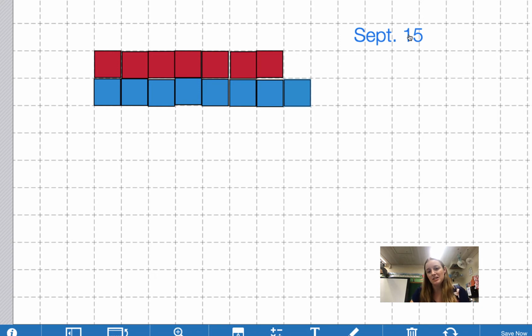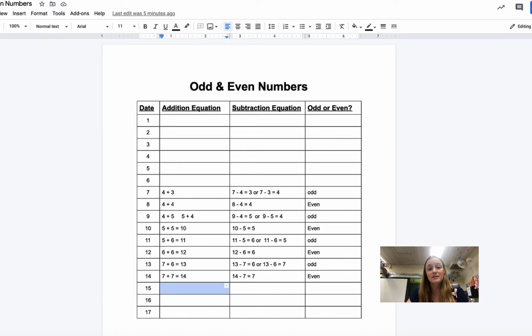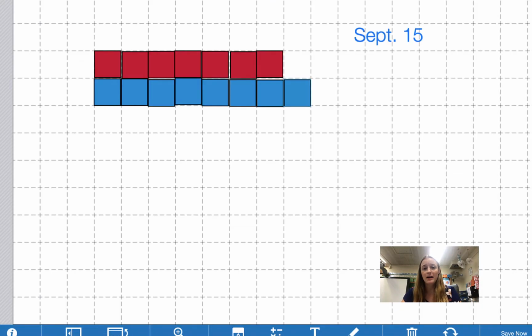But here's my question. Is this number odd or is this number even? 7 plus 8 equals 15. I hope you came up with this number is odd, because the numbers 7 and 8 are not the same, okay? And then for my subtraction problem, there are 15 total markers here.